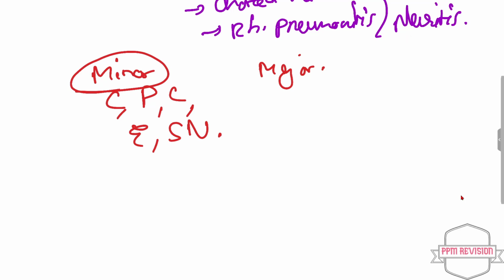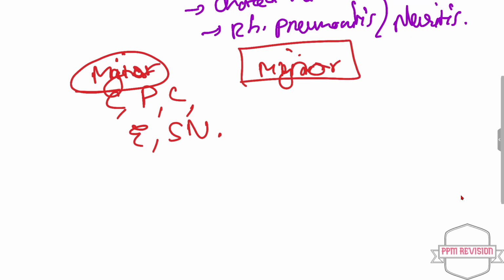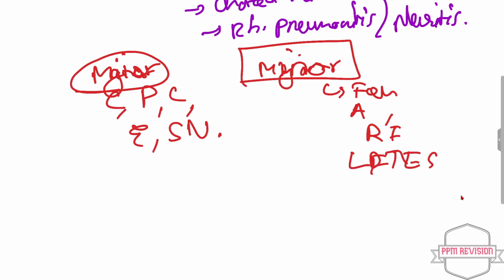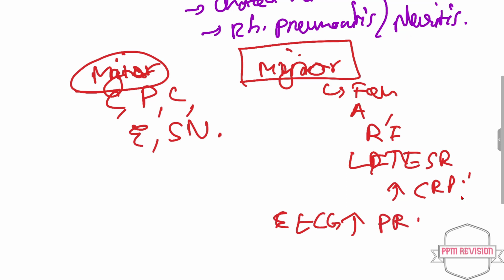Under minor criteria, there will be fever, arthralgia, and also previous history of rheumatic fever, as well as laboratory findings such as increased ESR, increased C-reactive protein, and in ECG you will find increased PR interval.